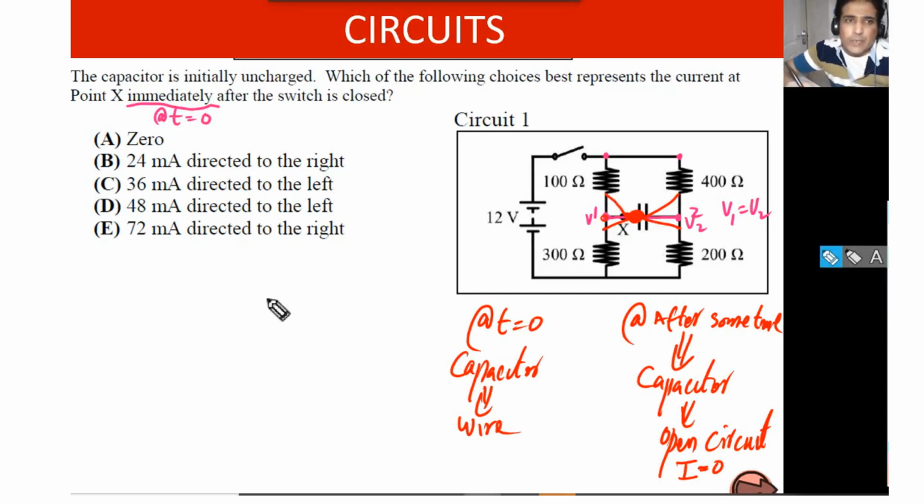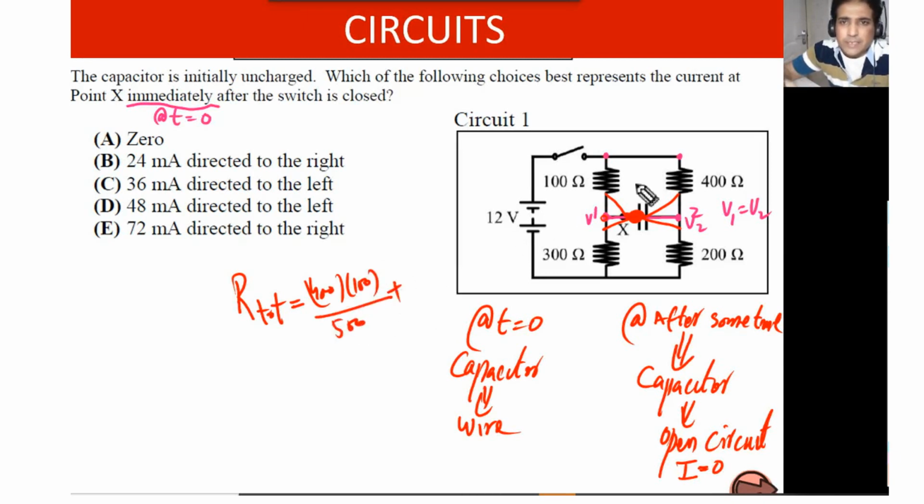Now we need to find the total resistance. What is R total? So you see these two resistors are in parallel, so you can find the total resistance. That one will be 400 times 100 divided by 500. Then they are in series.